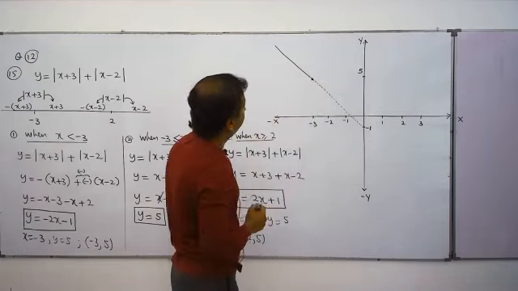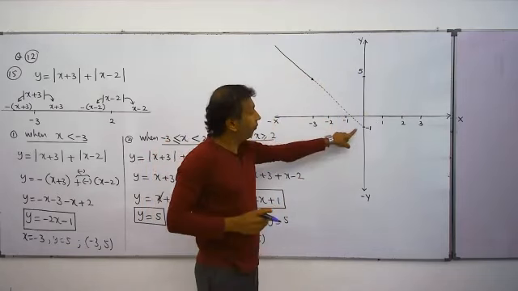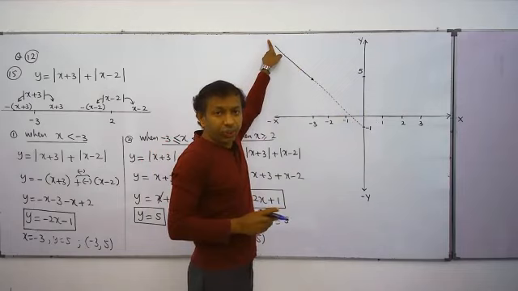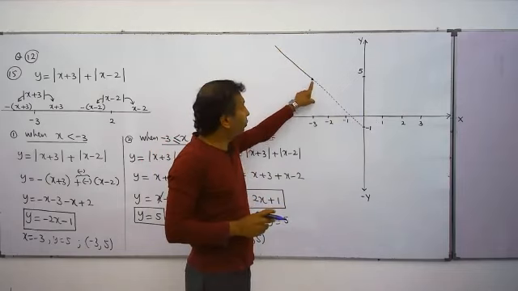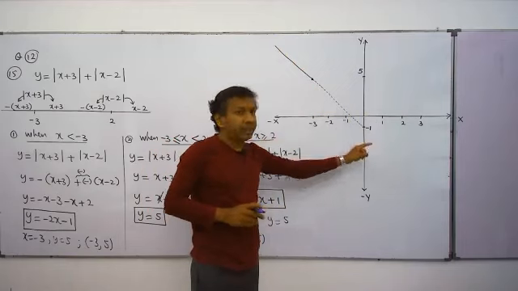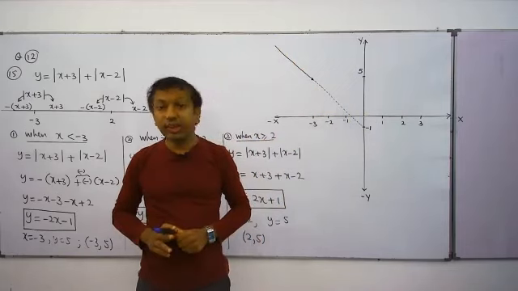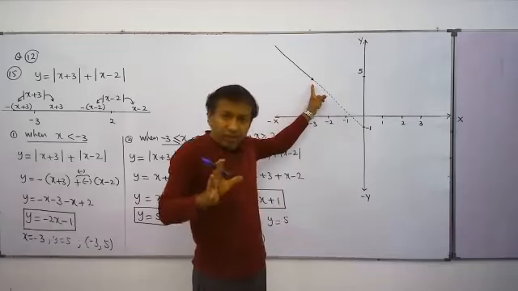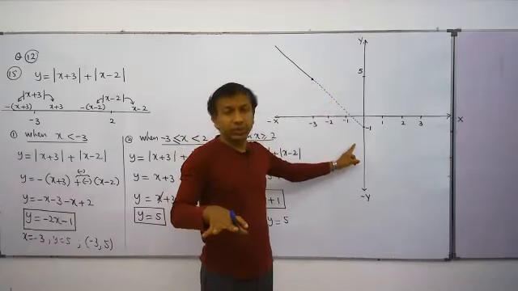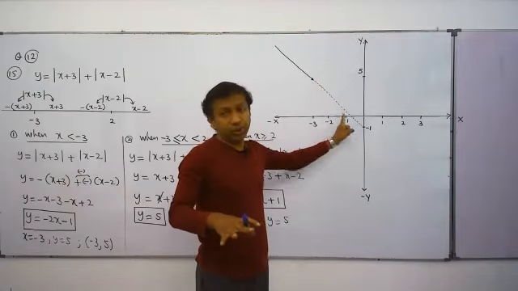Okay. Then people, this dotted line represents what? In drawing this line, we have used this point and this point. Because this is containing dots, it says for our graph, this part is not included. That's why we put this in a dotted line.